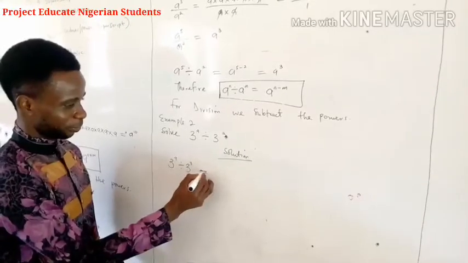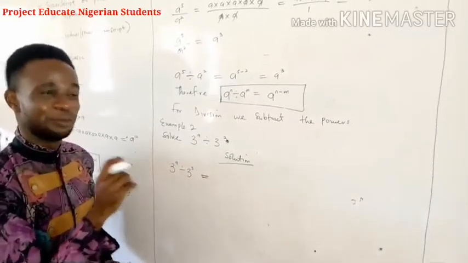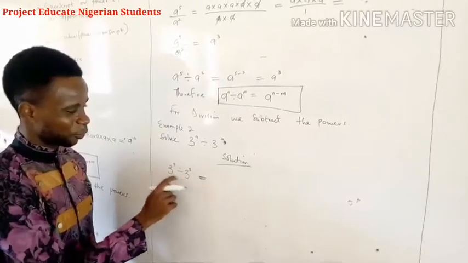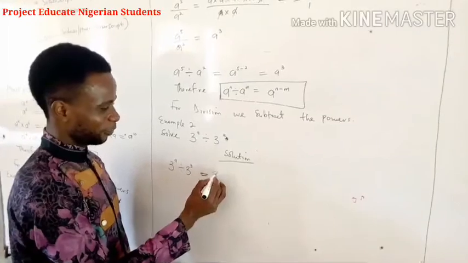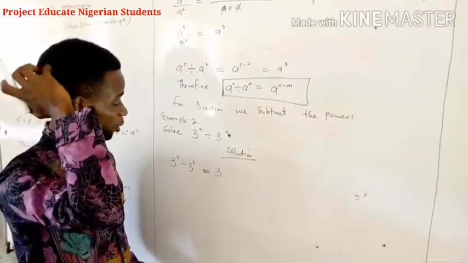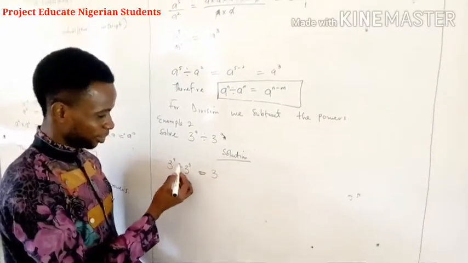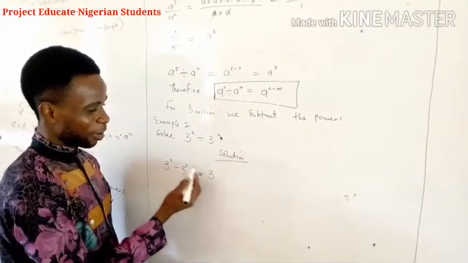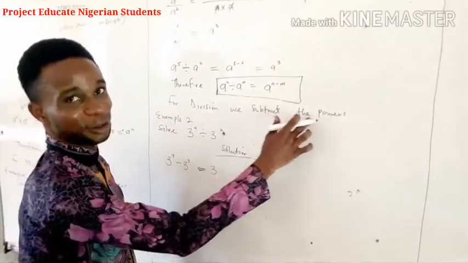This is equal to, the bases are equal. Please note the bases must be equal. Okay, now the bases are equal. You take one of the bases, then the power. What do you do to the power? What will tell you what to do with the power is the sign between, this division. So the power now we're going to subtract, because we say for division we subtract the power.